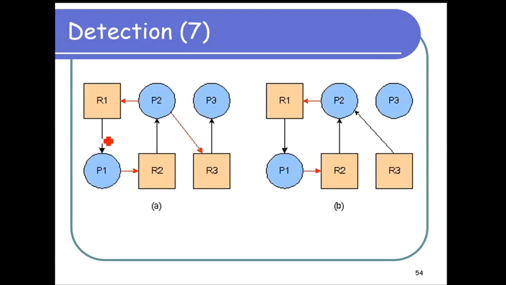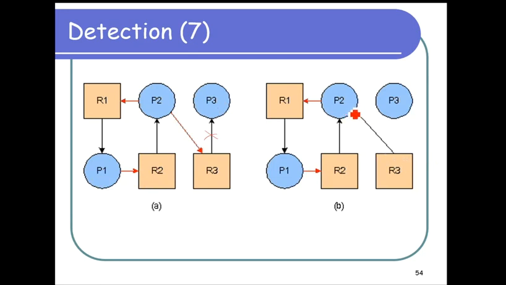So here, this is self-explanatory. P2 tries to access R1 but it is now serving P1. P2 tries to access R3 but it is now serving P3, and P1 tries to access R2 but R2 is serving P2. Now P3 has been released, and R3 is allocated to P2.